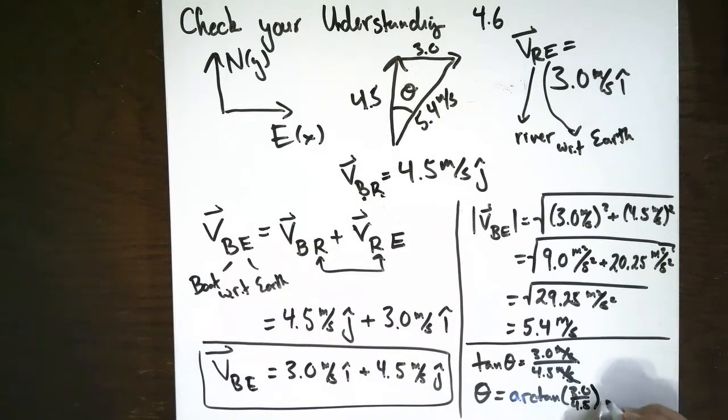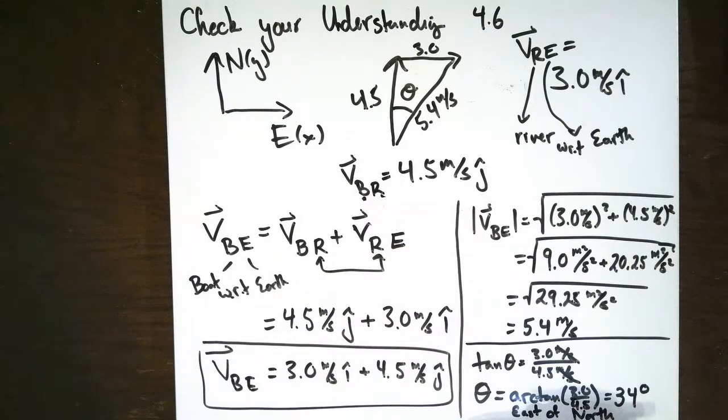Plug that into your calculator. We would get, using the correct sig figs, 34 degrees. And the direction, let's see if I have just enough room to fit it in, that would be east of north. Because if we start from the north, we measure 34 degrees east of that.